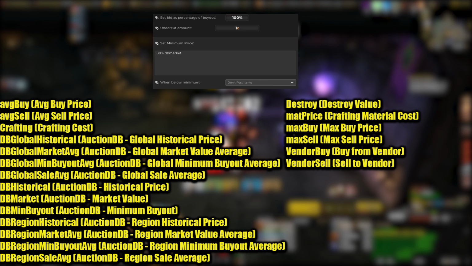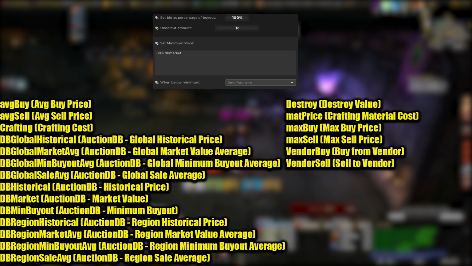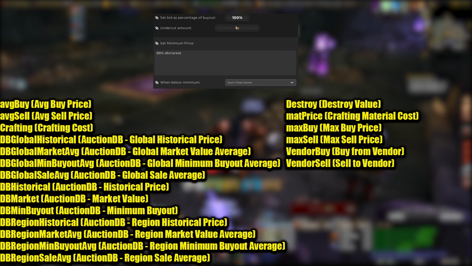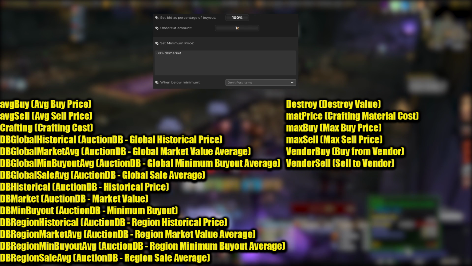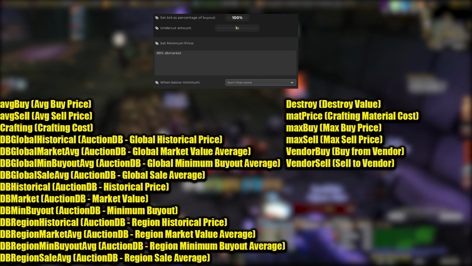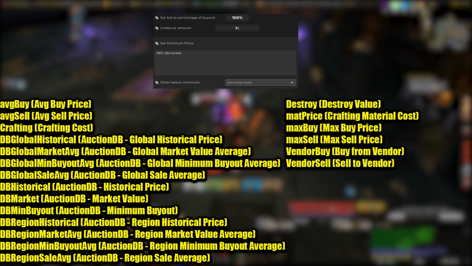If an item is particularly high value, I tend to try and get my minimum price to be as high as possible because I don't want to rob myself of quite a large profit margin. And similarly on that front, if it's a crafted item that I have made for relatively cheap, I am more willing to take a lower profit margin than if it was something that I had paid for myself.